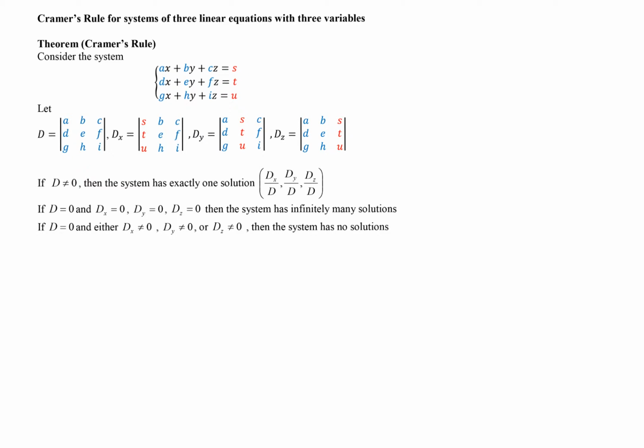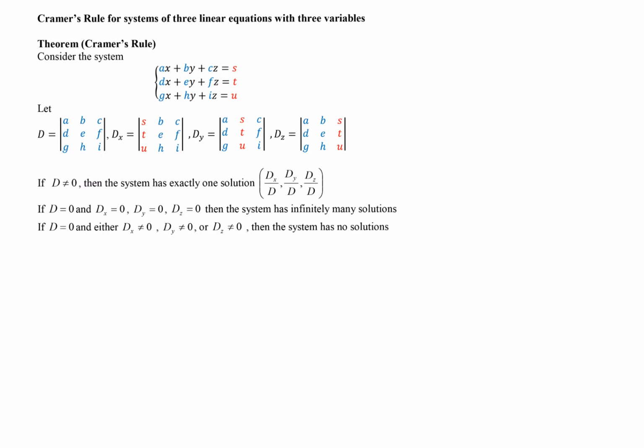The right-hand side contains only numbers. We define four determinants, four 3 by 3 determinants. Determinant D contains the coefficients of the variables. In the first column, we list coefficients of the variable x in the order of the equations. So the first in that column is the a, and then d, and then g.